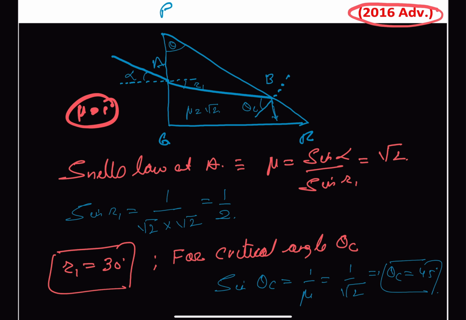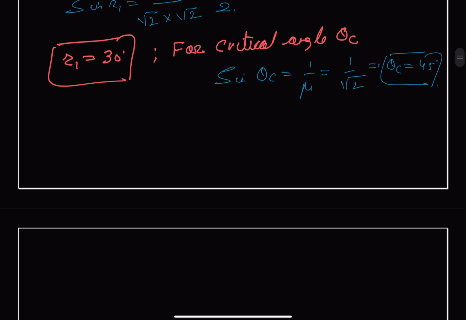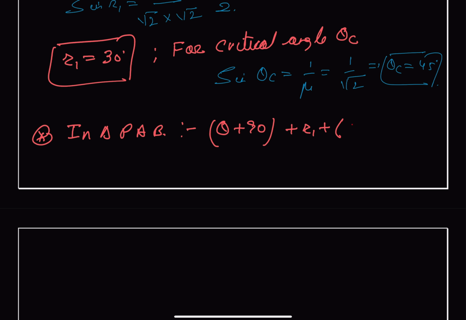So in triangle PAB, we can write that theta plus 90 plus R1 plus 90 minus theta C will be equal to 180 degree.